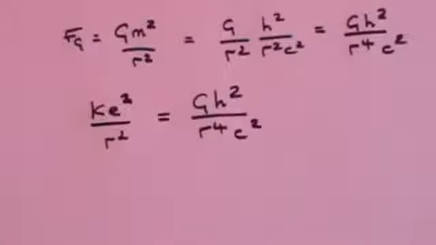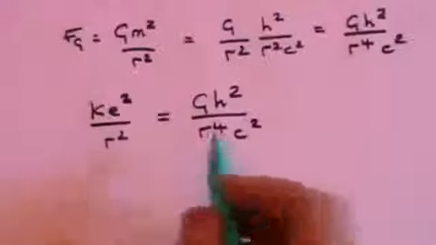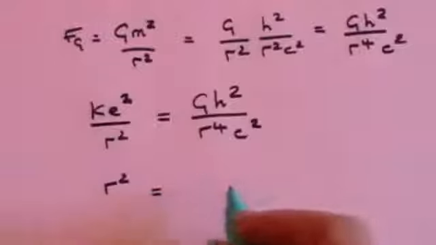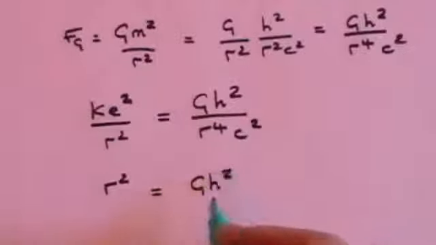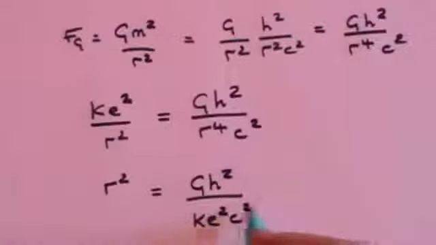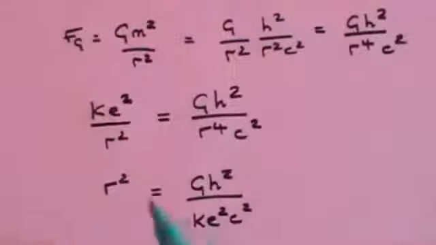If you work that out, you should find that the r to the fourth cancels the r squared to give an r squared term, which is Gh squared over ke squared c squared. In other words, when r squared has this value, which you'll notice is all constants, the gravitational force between the electrons is equal to the electromagnetic force between the electrons.